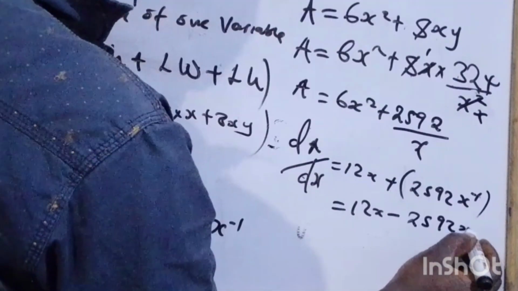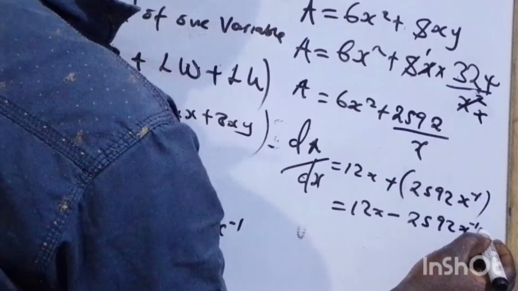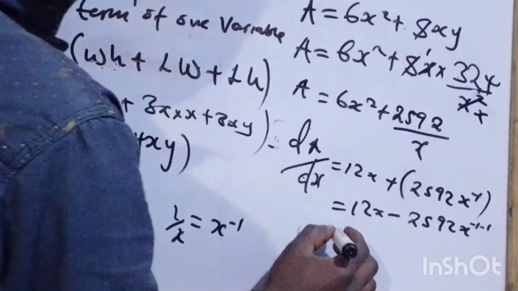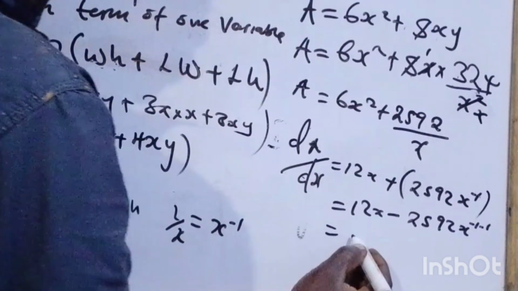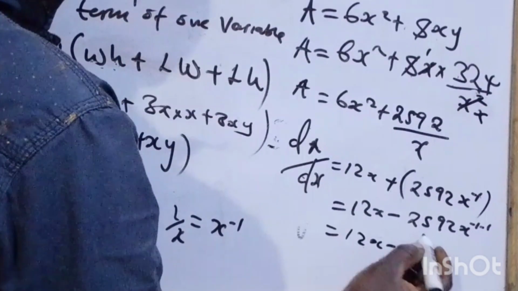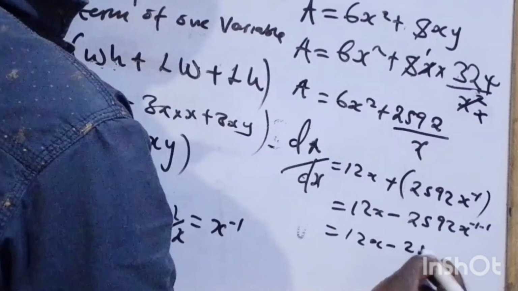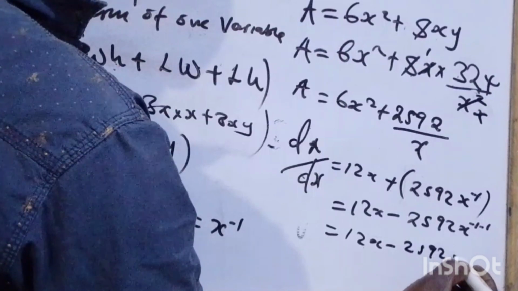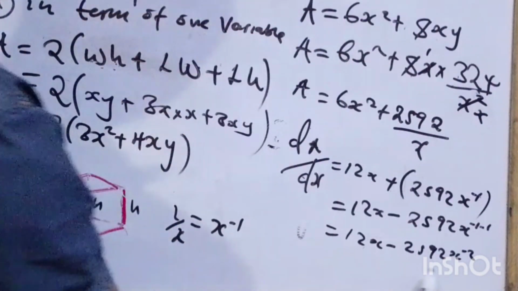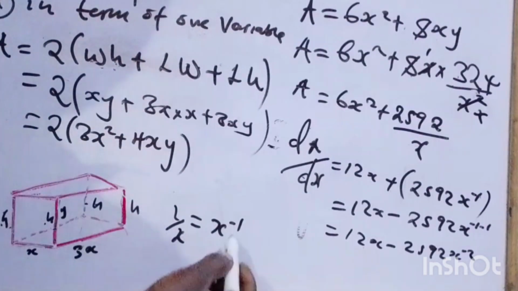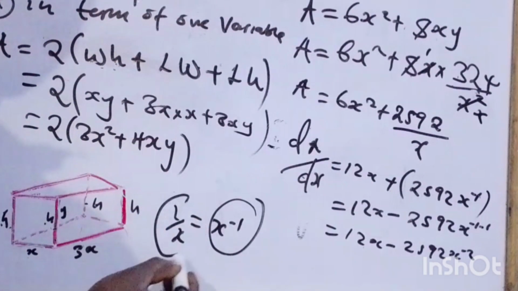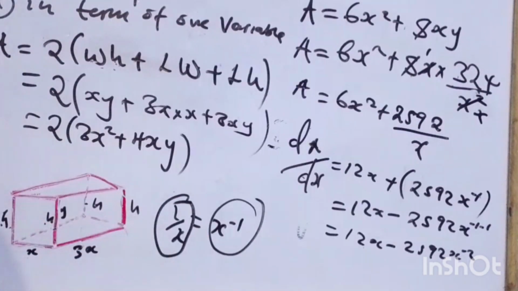2592 x minus 1, then you subtract 1 from the power because we are differentiating, in which it will be equals to 12x minus 2592 x power minus 2. Then if you take it back to positive index, it will be like this.